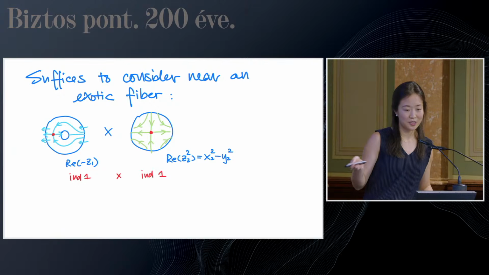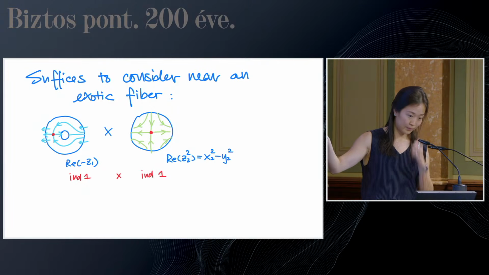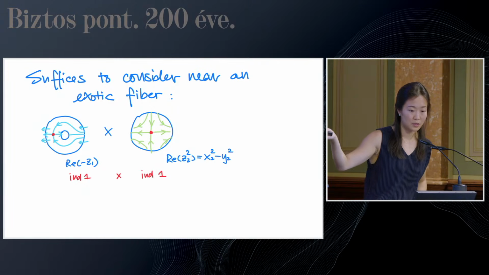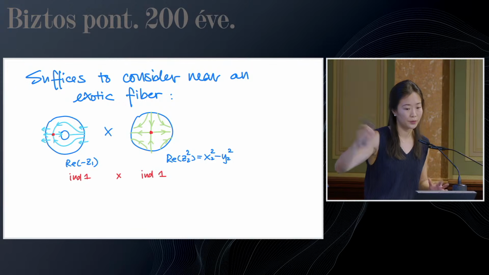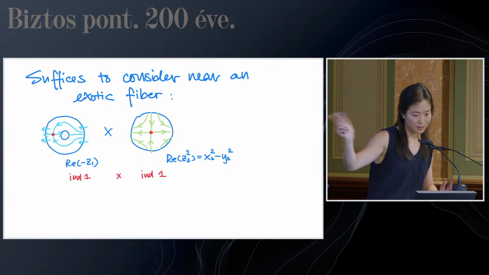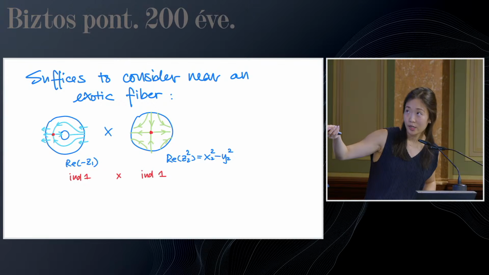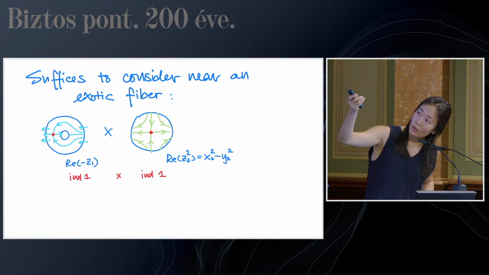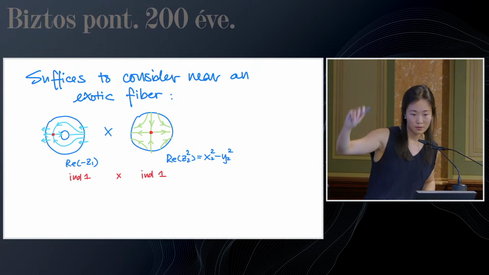And this Weinstein structure near the exotic fiber we build by considering the product Weinstein structure given by Weinstein structures associated to these Morse functions, because these Morse functions are going to allow us to glue the Weinstein structure in this model to the ambient Weinstein structure. Okay, and here you see an index 1 critical point on each component, on each factor.